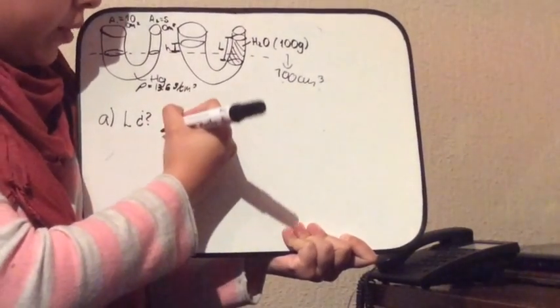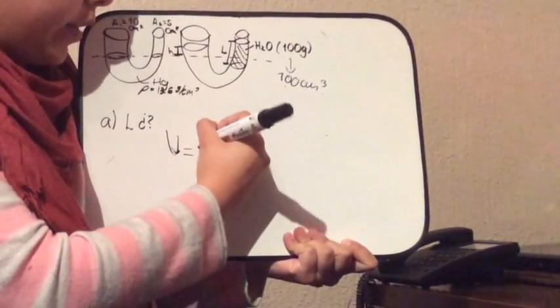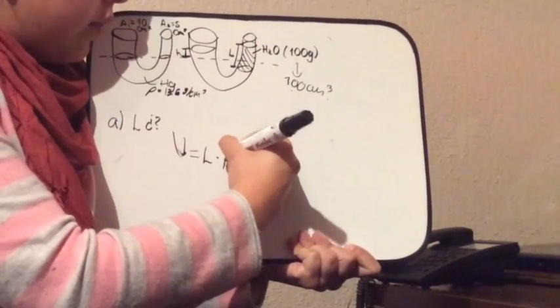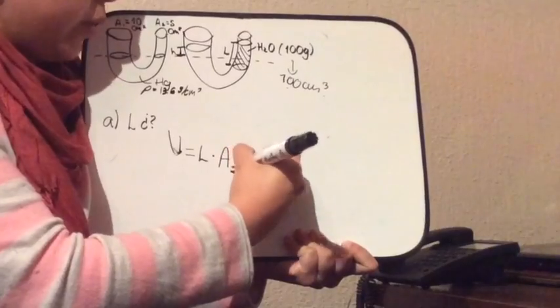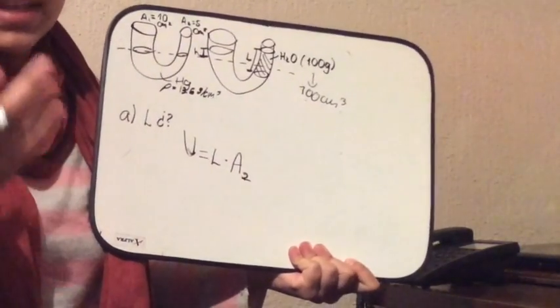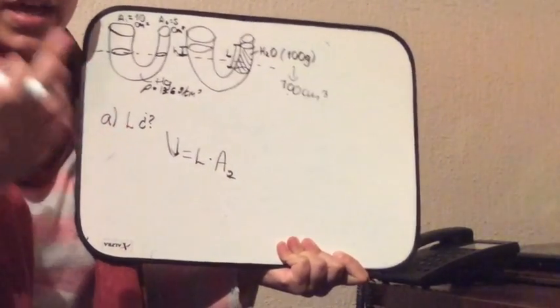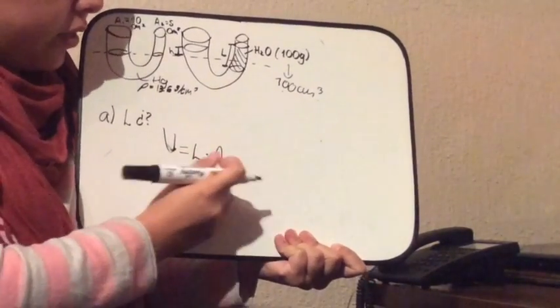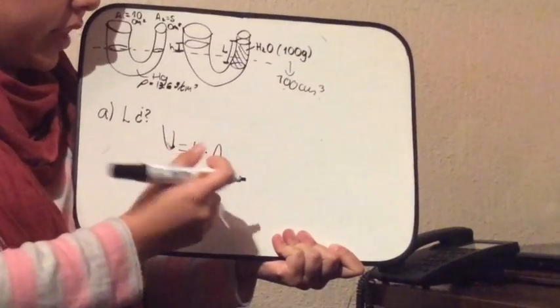So as we know, the formula for volume should equal the value L, which is what we're trying to figure out, times area 2, which is, as we know, the formula for a cylinder, the area of the base times the height of the cylinder. So in this case, this is the base and this is the height.